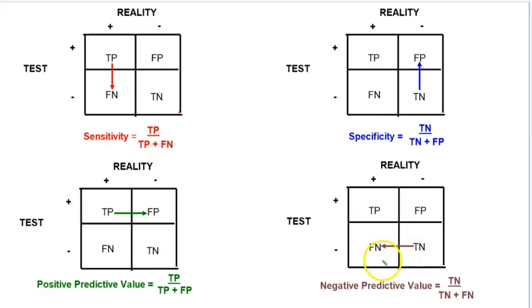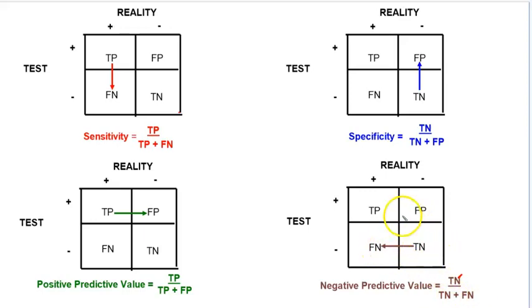And then the negative predictive value, we're going in a direction across the bottom. Of course, these are both negatives, and we go in a negative direction, just like the number line. Numbers get smaller, they get more negative as we go to the left. So true negatives would be on the top of this fraction because it's not the arrow, and then these 2 together would be the denominator.